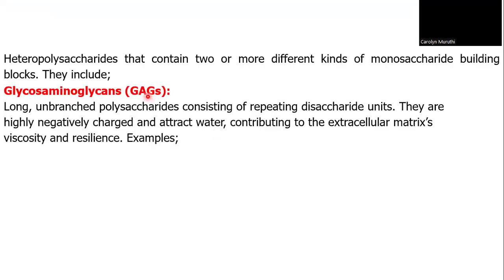glycosaminoglycans, that is GAGs, and these consist of repeating disaccharide units. They're highly negatively charged and therefore attract water, contributing to the extracellular matrix viscosity and also resilience. Now let's look at examples of GAGs.